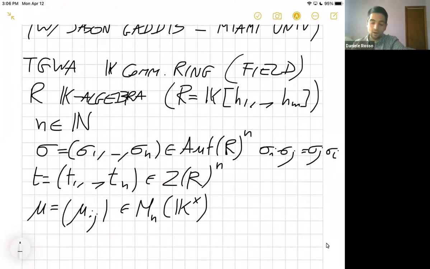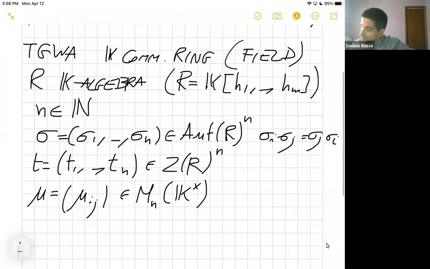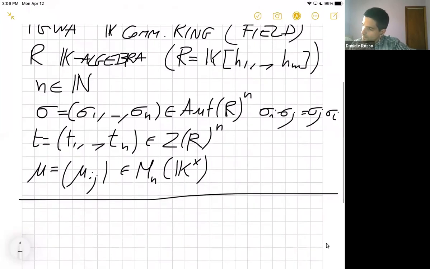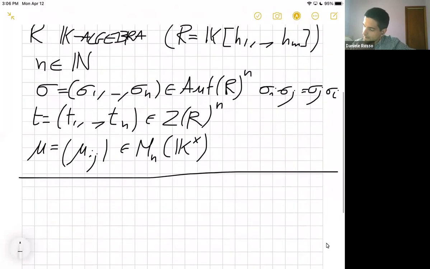Okay, so I need all these things, and I'm going to put them together to define an algebra. So how do I define the algebra? C is going to be a K-algebra with generators.